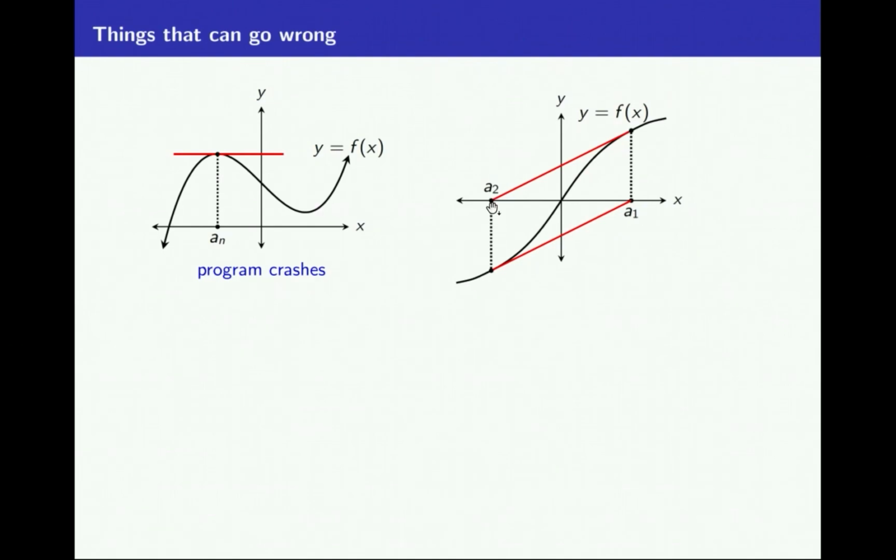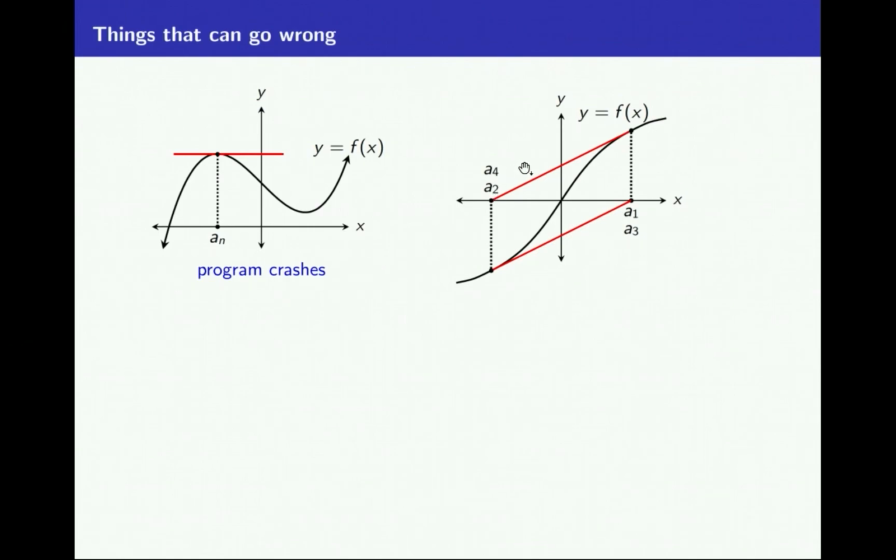You applied linear approximation at a sub 2, you're back here, so a sub 3 is equal to a sub 1. In the next iteration, you want to find a sub 4. You take linear approximation at a sub 3, you look at where it crosses right there where a sub 2 was, and that's a sub 4.